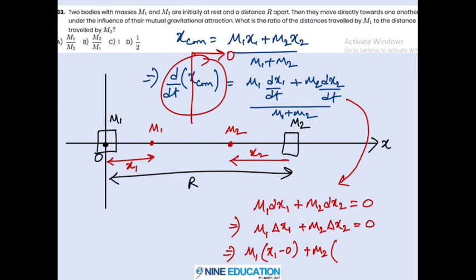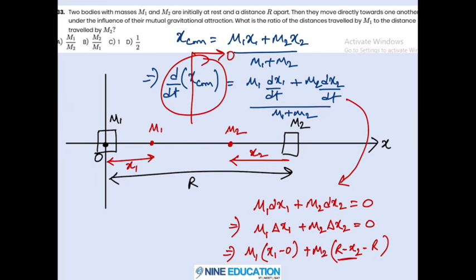Change in position of mass 2. The initial position is r comma 0 and the final position is r minus x2 comma 0. So final position minus initial position gives r minus x2 minus r.